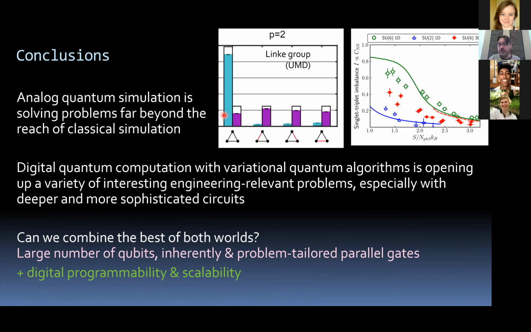The example I gave was how to fairly find all the solutions. We saw that both of those are becoming capabilities. And at the end, I'm trying to point towards the idea that we can combine the large number of qubits and inherently parallel gates over 100,000 particles with digital programmability and scalability using these variational quantum algorithms.